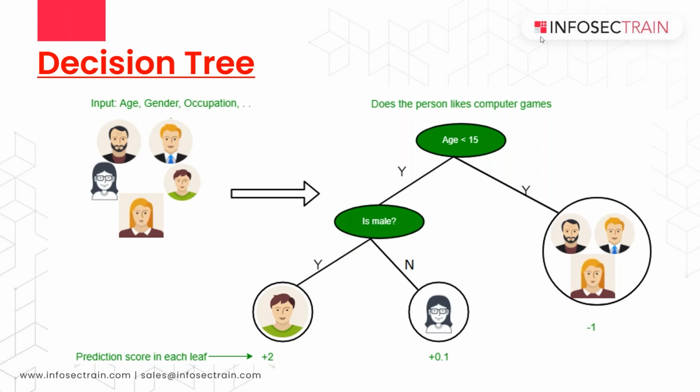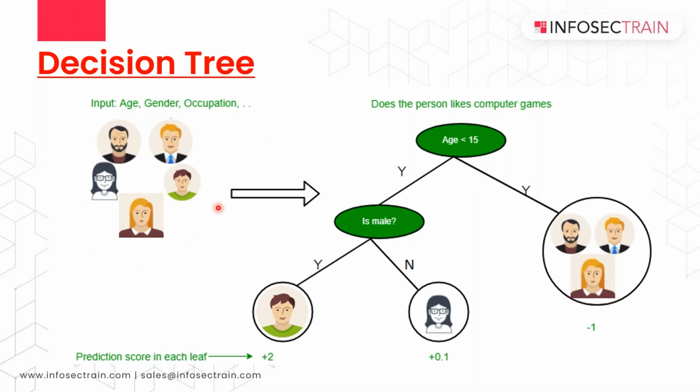So let's understand what a decision tree is, then go ahead with our coding part. Let's say we have one problem: does the person like computer games or not?